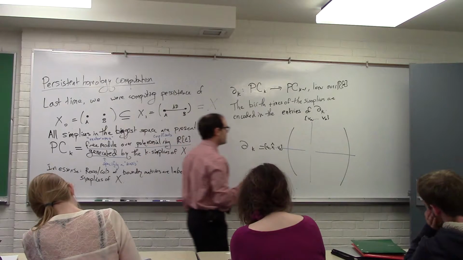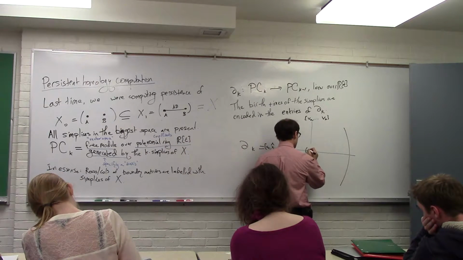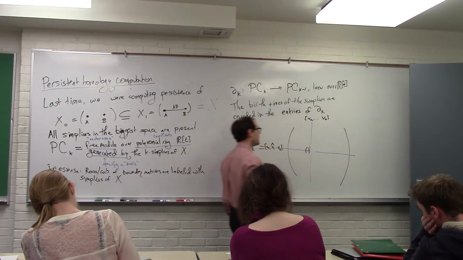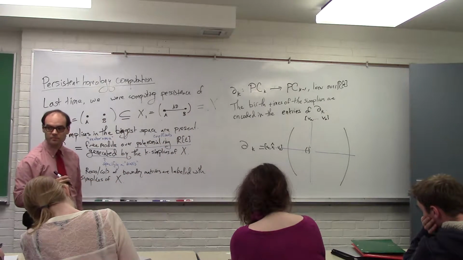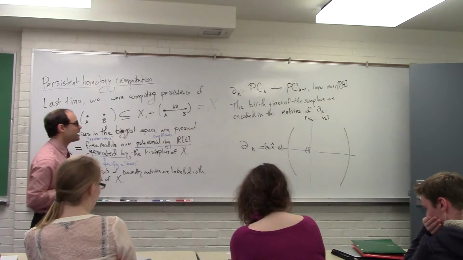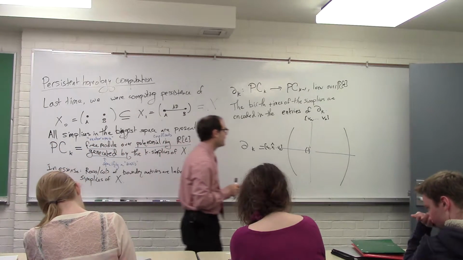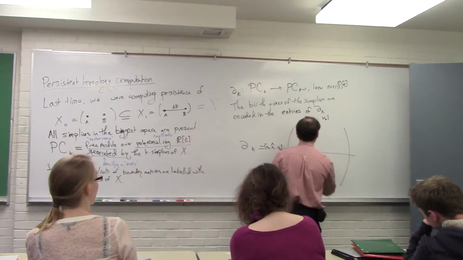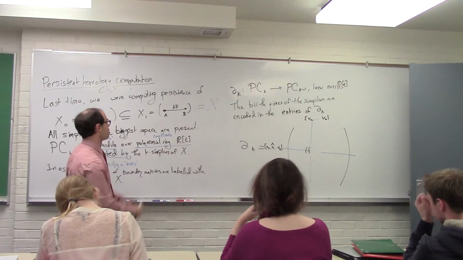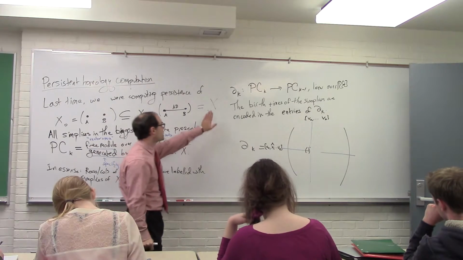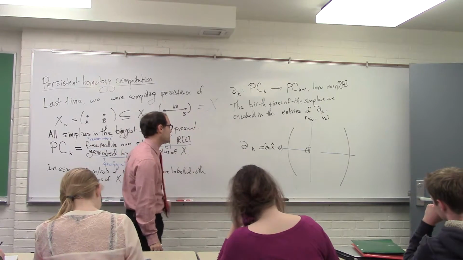So as before, I'm going to take my sign from the deleted entry, minus 1 to the i, just as before. This is exactly the same formula we had in the past, but now it's in matrix form. I haven't put the birth times in. This is thus far just the simplicial chain complex for X. Now I'm going to put in the birth time information.